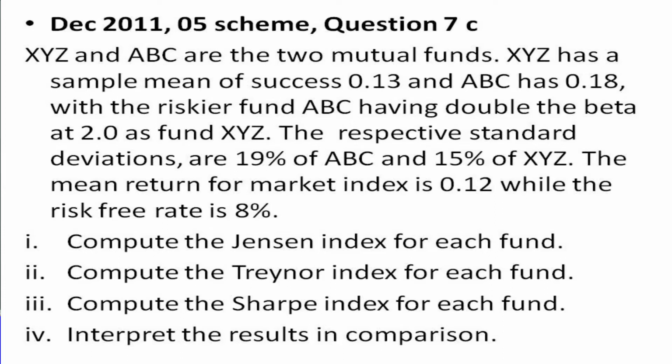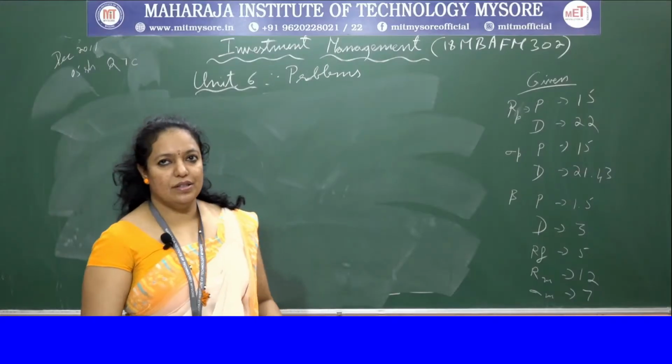The respective standard deviations are 15% of ABC, 19% of XYZ. The mean return for market index is 0.12 while the risk-free rate is 8%. Compute the Jensen's index for each fund, compute the Treynor index for each fund, compute the Sharpe's index for each fund, interpret the results in comparison. So this is the problem.